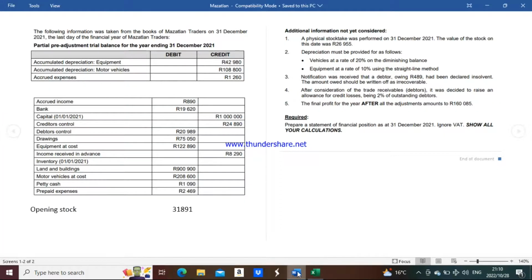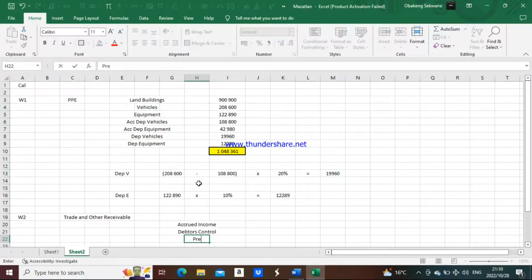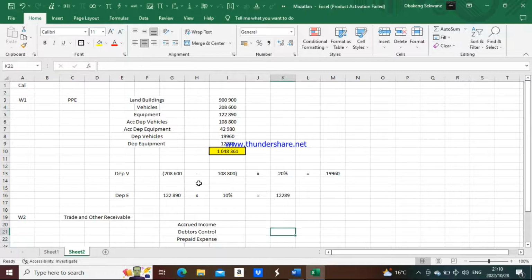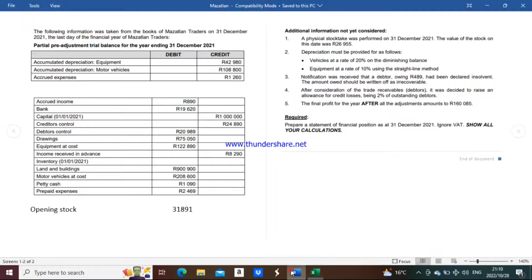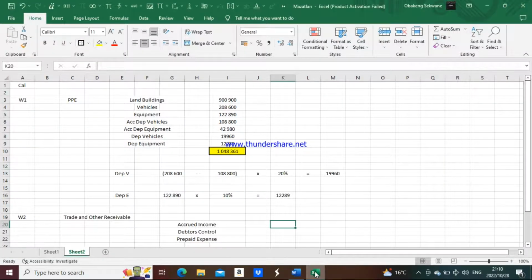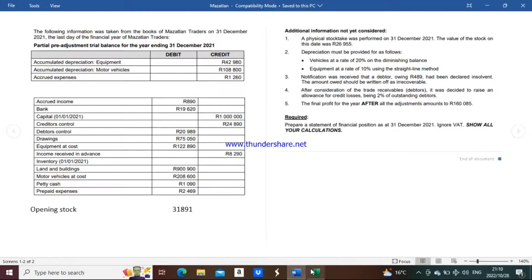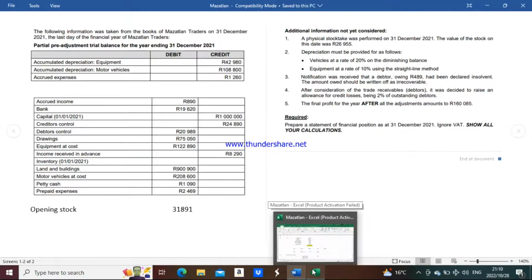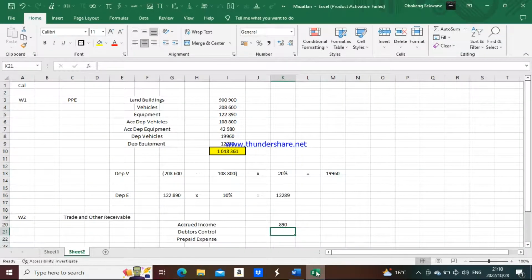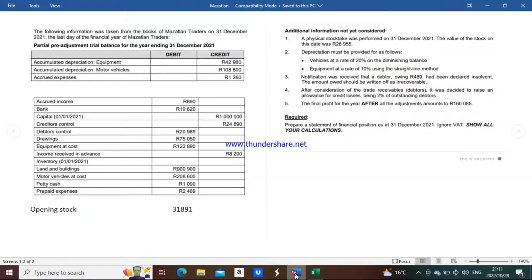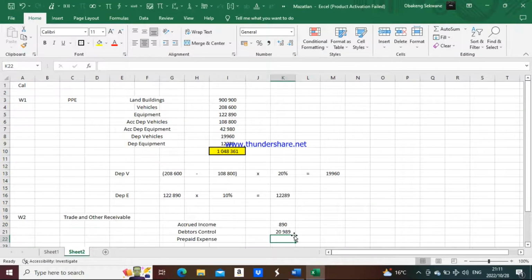Our accrued income amounts to 890,000. Then our debtors amount to 20,989. Then our prepaid expense amounts to 2,469.